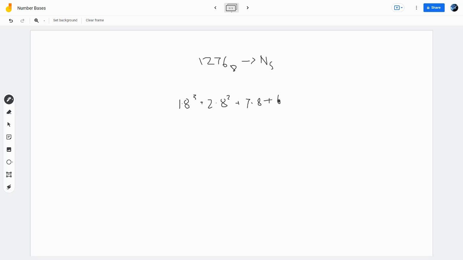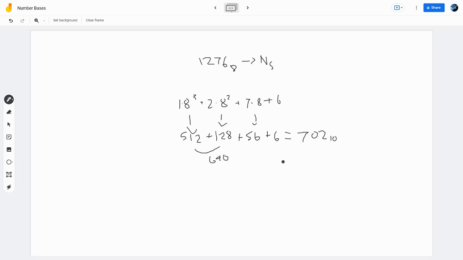And if we calculate all of that out, this is going to become 512, this is going to become 128, this is going to become 56, and this is going to be 6. So adding that should get 702. The fact that these add together for 640 might help you substantially, right? So we have 702 in base 10, and we want to convert this to base 5.